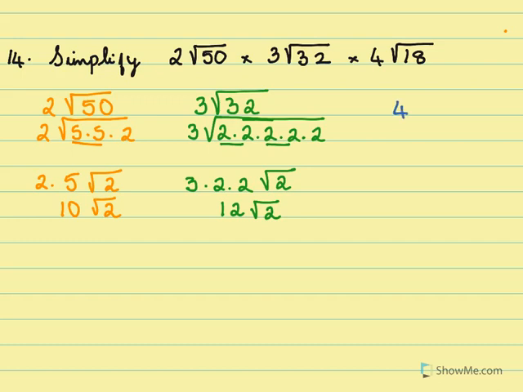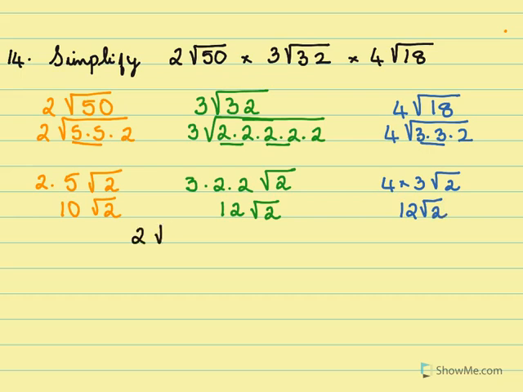Next we have 4 under root 18. 4 for 18, 3, 3 and 2. So I have 4, 3 under root 2. So this will be 12 under root 2. To go back to the sum, we had 2 under root 50 into 3 under root 32 into 4 under root 18.